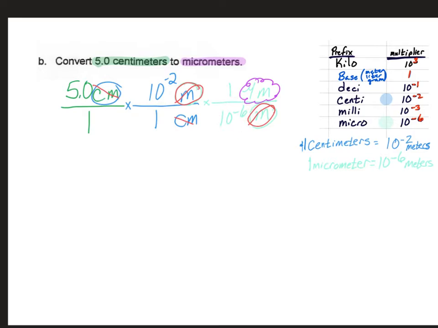And that gives us the answer of 50,000 micrometers. And in correct scientific notation, we would go back 1, 2, 3, 4, and we would end up with 5 times 10 to the 4th micrometers.